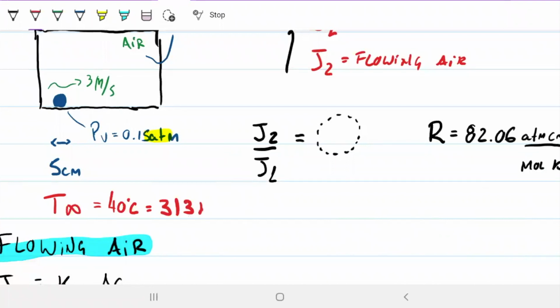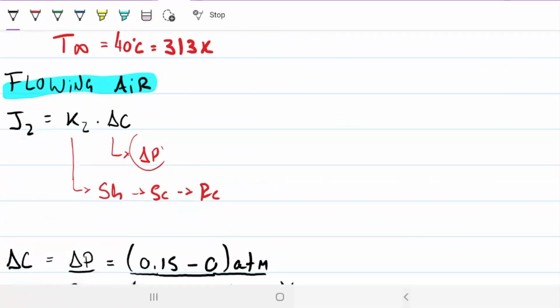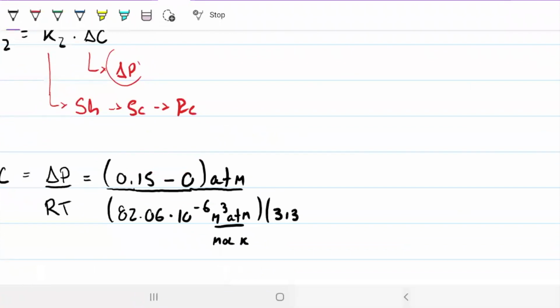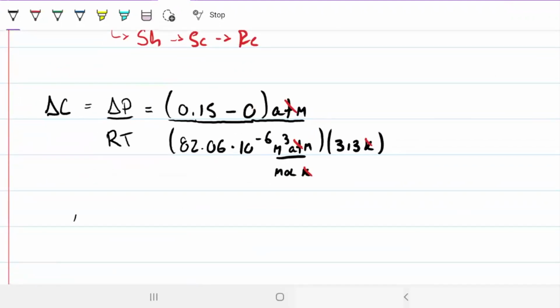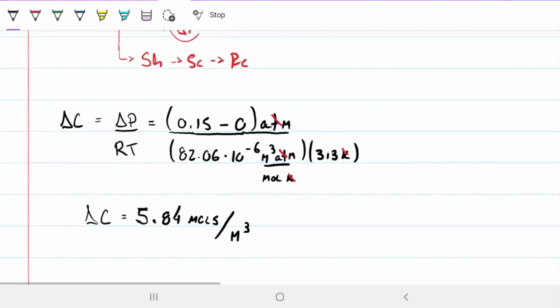So this is 313 Kelvin. Unit-wise, what happens? Atmospheres, Kelvins. We're left with moles per meters cubed, which is brilliant because that is indeed a unit for concentration. So my driving force here is 5.84 moles per meter cubed, which is the concentration difference from where the naphthalene ball is to everywhere else in the room.